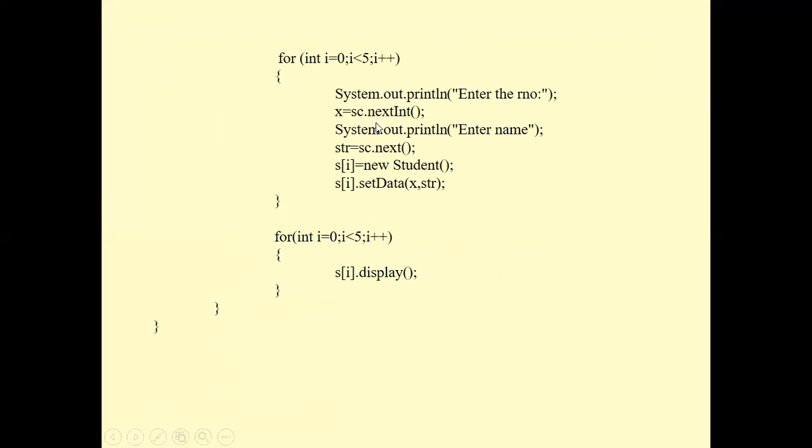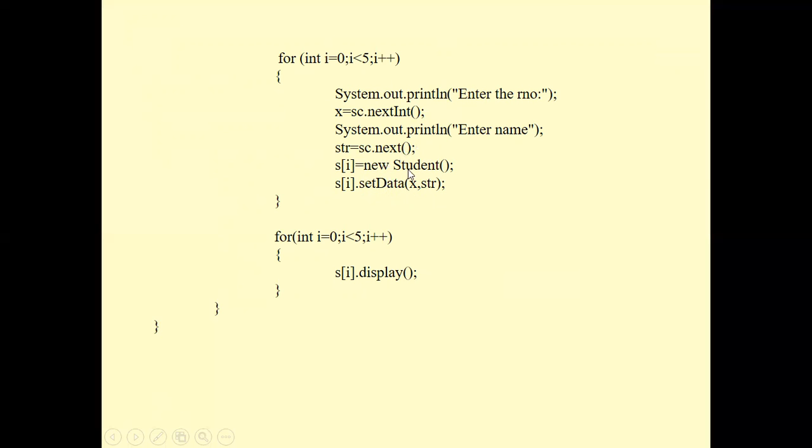Now, using the Scanner class method nextInt, register number of the students is read, and using the Scanner class object sc and the method next, name of the student is read, and an object is created using this new operator, and by calling the setData method, register number and name of the student is stored in the object.